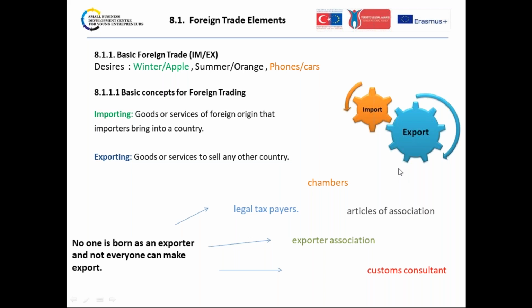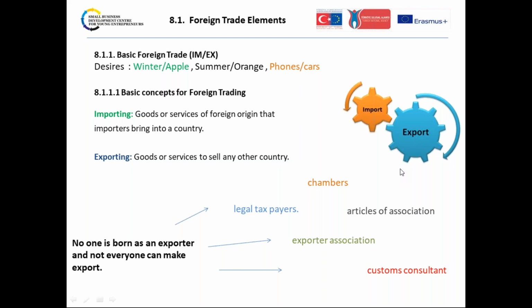So the first important thing to be an exporter is you have to be a legal taxpayer. If you don't pay tax, you cannot be an exporter. And there might be some additional official and documental preparations. It depends on the country, but I want to give you information about our country, Turkey.